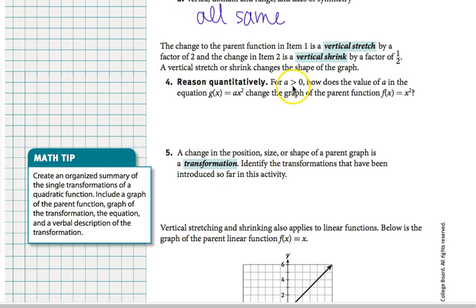So when a is bigger than 0, both of these are bigger than 0. This is a fraction, this is 2, but they're both bigger than 0. So what we would say, item 1, the value was bigger than 1, and that they said was a vertical stretch. So when a is greater than 1, so we already know that this only applies if a is bigger than 0, but if a is bigger than 1, it's a vertical stretch.